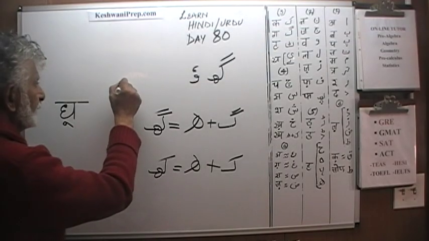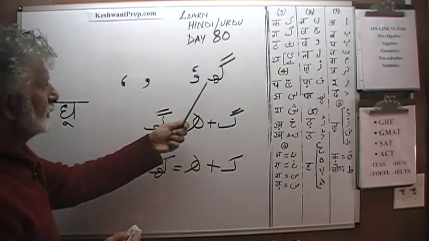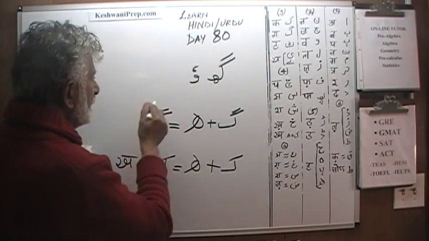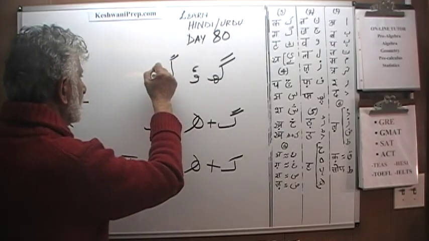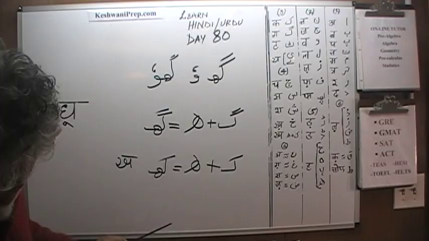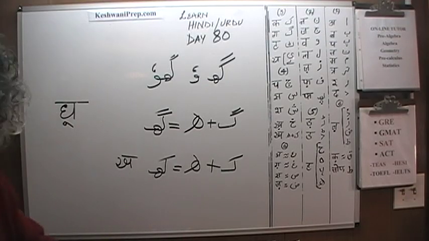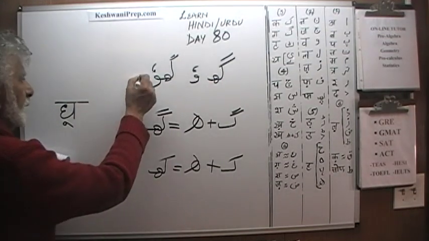This is called ulta pesh. This is pesh, ulta pesh. We have to combine them together. When we combine them together, it's going to look like this. G and a wow with ulta pesh. That speaks Gu. Then we need a Na.